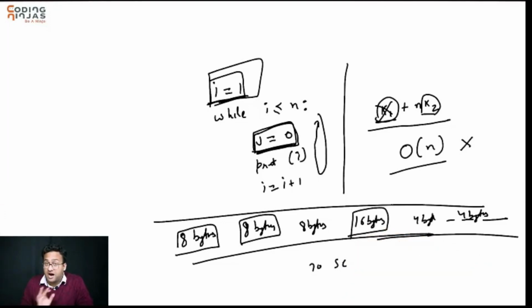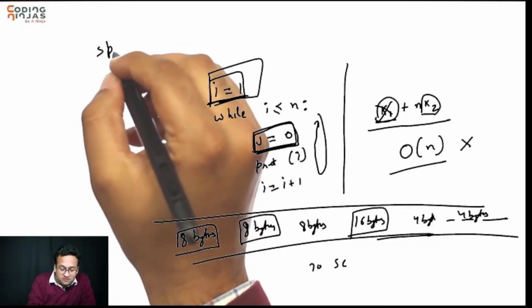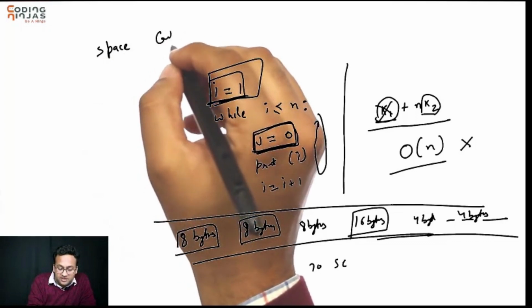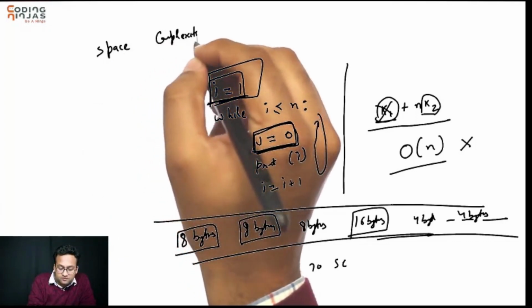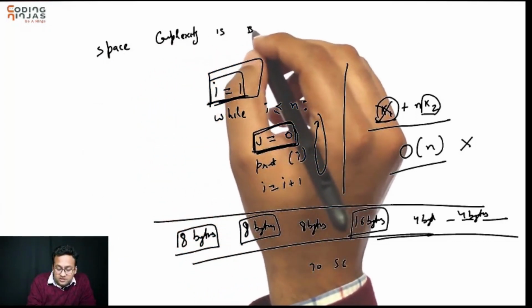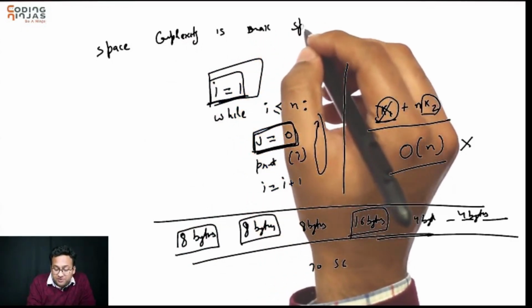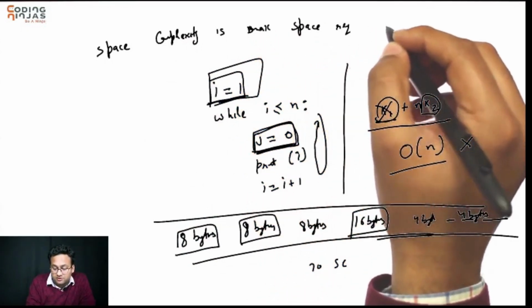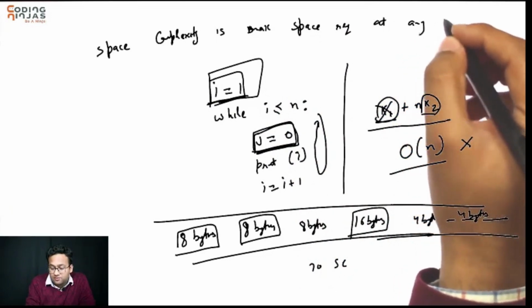So in a way, my space requirement is only 16 bytes. If you give me 16 bytes, that's going to be good enough for my program to run, because that's the maximum space I would require at any point in time. So the point I'm trying to make here is, while you're calculating space complexity, it is the maximum space required at any point in time.